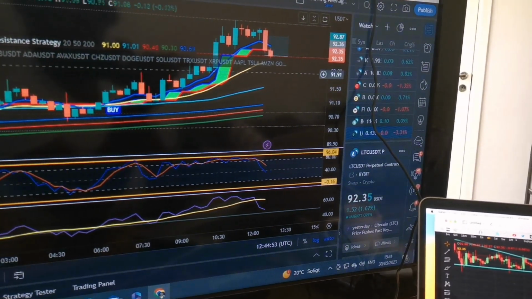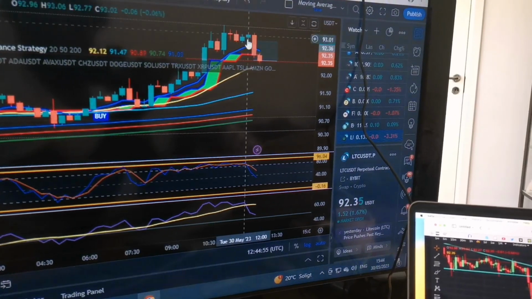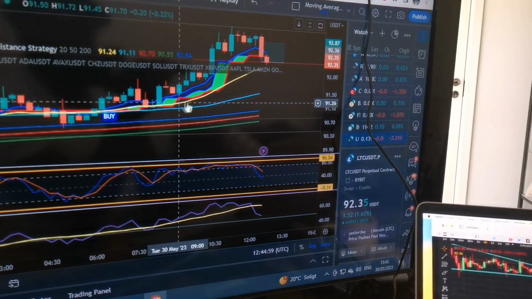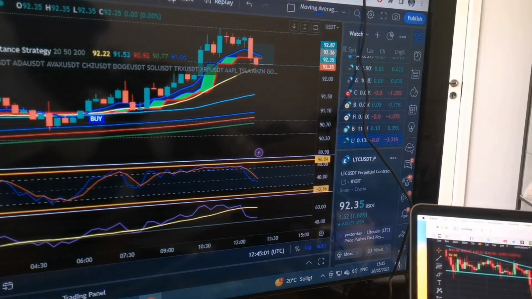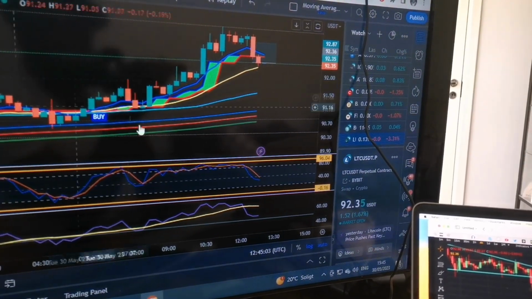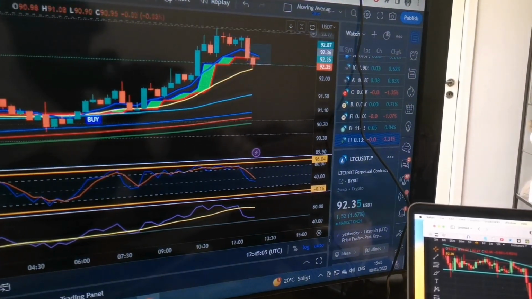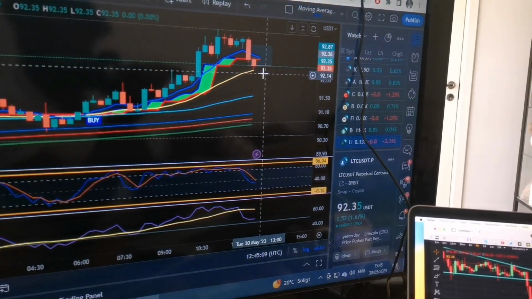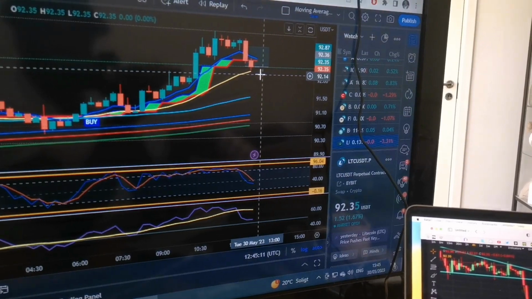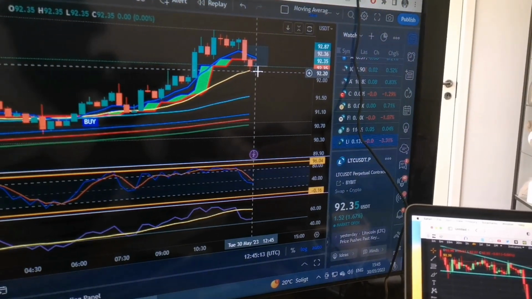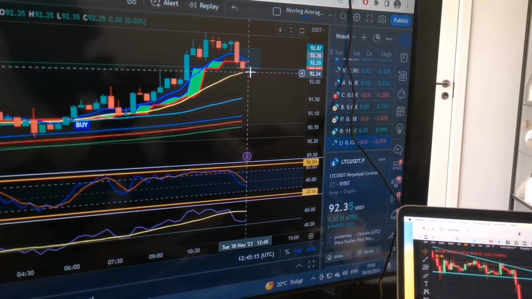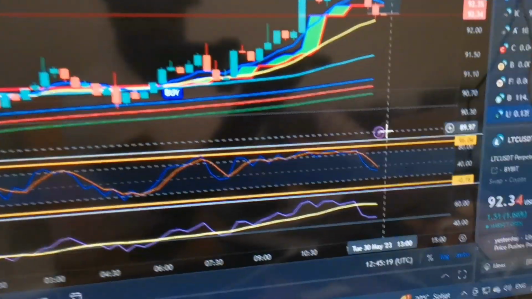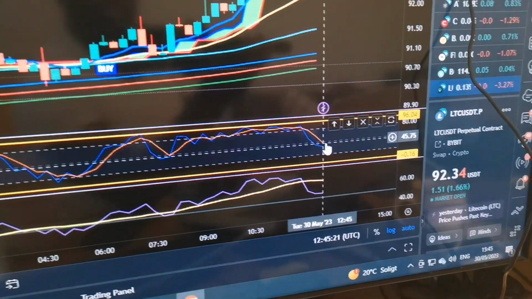So right now I want to see price bounce with this yellow moving average here, which is the 21-day moving average. You can see on the 15-minute that price touched this already. Not really accurate, but I can see that price has touched this 21-day moving average.